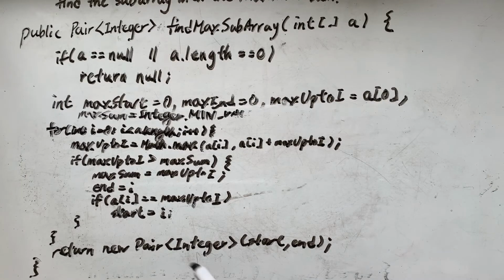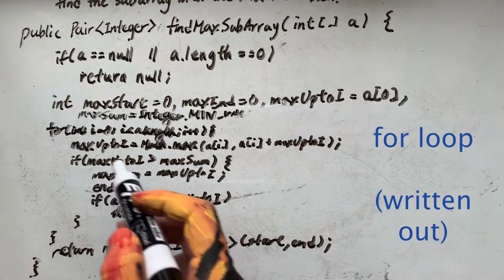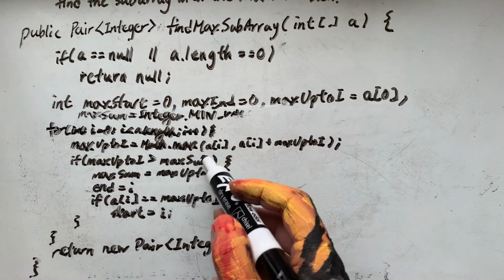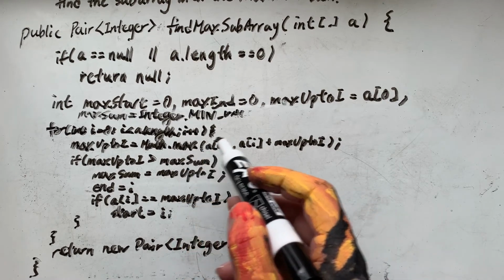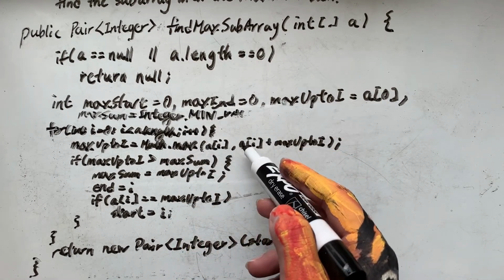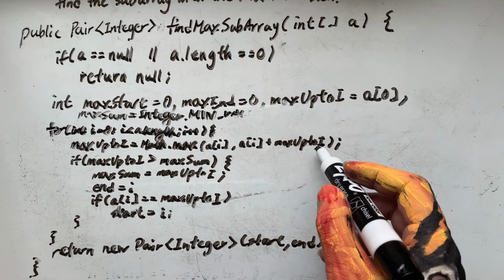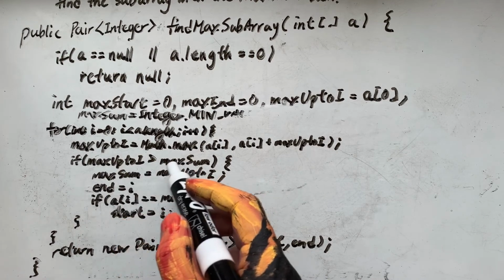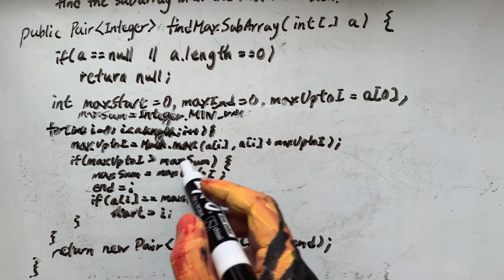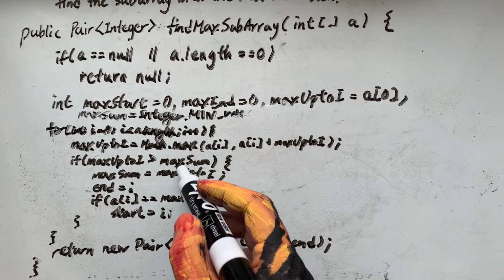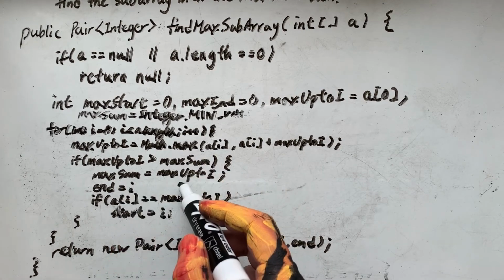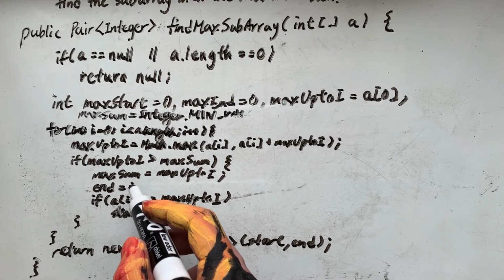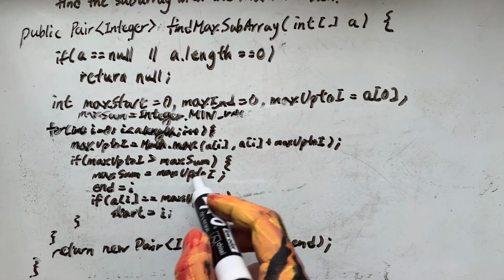And then in the for loop, we have Kadane's algorithm, which states that the maximum up to I is equal to Math.max, which gives you the maximum between a of I and a of I plus max up to I from before. And then if max up to I, which we've now determined, is greater than the existing maximum sum, we'll update the maximum sum to be equal to max up to I, and we'll update the end index of the maximum subarray to I.